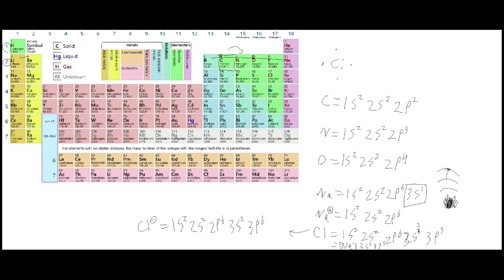So things on this side over here, these two columns here, are oftentimes seen as positively charged. In fact, in this column, they're often a positive 1 charge. So you'll get sodium plus and potassium plus. And then once you get to this second column, you actually start losing both of these s orbitals that are at the very highest shell. So you end up seeing magnesium 2 plus and calcium 2 plus.